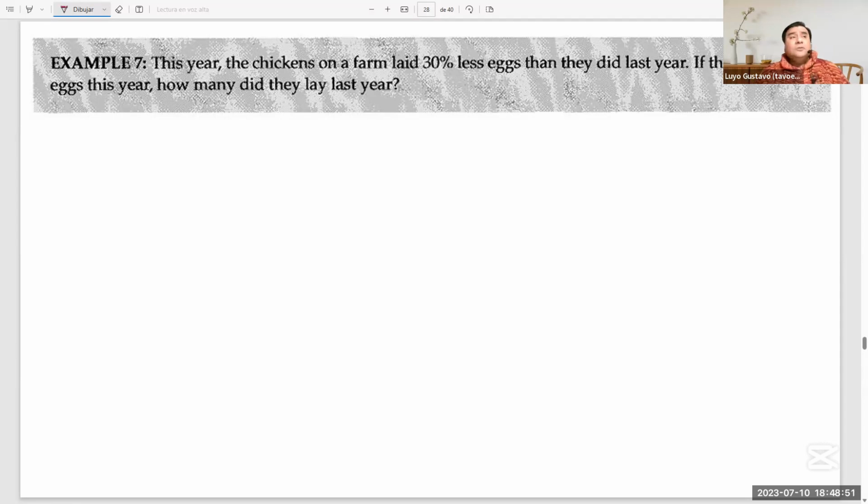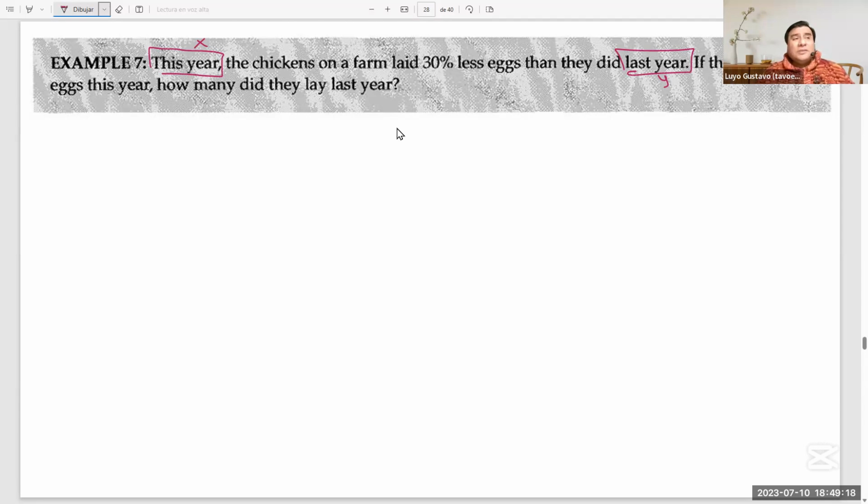All right, Axel, good. That's a correct answer. Very good. Yeah, you can go like this. Define this year as a variable x, and last year, say y. It says that this year, the chickens laid 30% less eggs. That is, the number of eggs last year decreased by 30%.